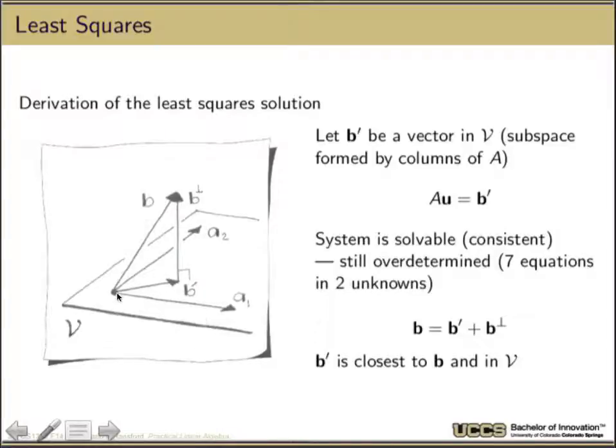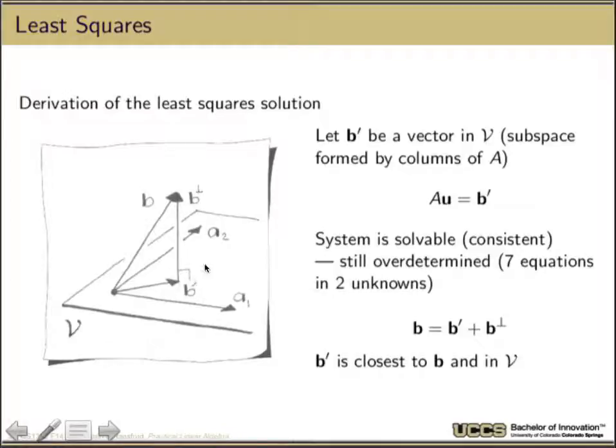Now B is this vector, so what I can ask is, what is the shortest vector that projects the end of B into this plane? We know the shortest vector is going to be the orthogonal projection on that plane, so it's perpendicular here. Any other point on this plane is farther away from B than this point B prime.